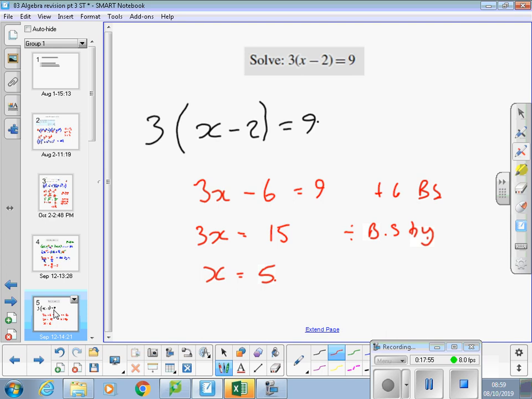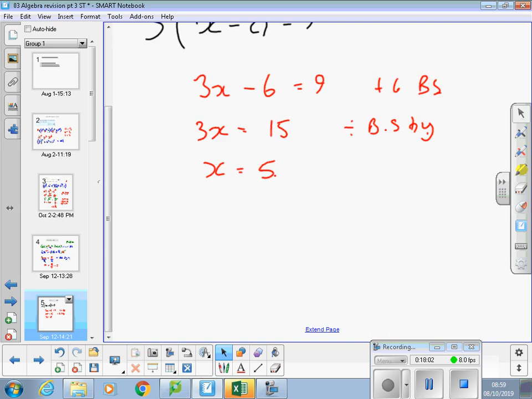Now, the alternative method, and probably one to get in your mind before you get on to more tricky problems where you'd have to go this way. We have 3 brackets x minus 2 equals 9. Deal with things outside the brackets first. So, divide by 3.